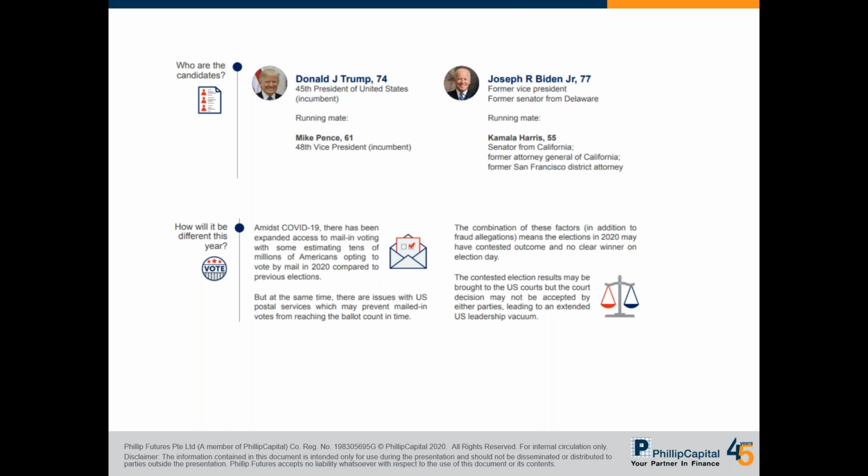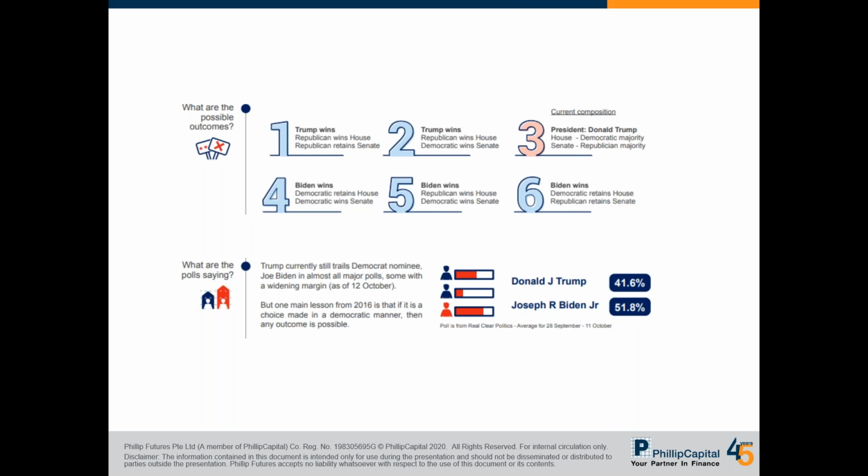Then again, with contested elections, the results might be brought to the US courts. But I tell you, either side will not accept the court decision, further leading to an extended US leadership vacuum. This vacuum, as mentioned earlier, might result in civil unrest and political infighting. So what are the possible outcomes?